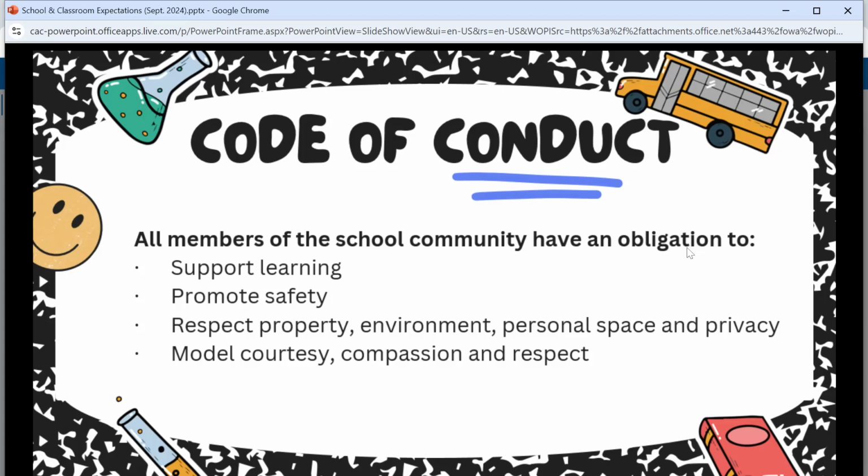Now, most of this boils down to being a decent human being. Yes? Be a decent human being, and treat others as though they are decent human beings, because you know what? They are. Sometimes they may not act like it, but they are underneath it all. I know, you're 14.